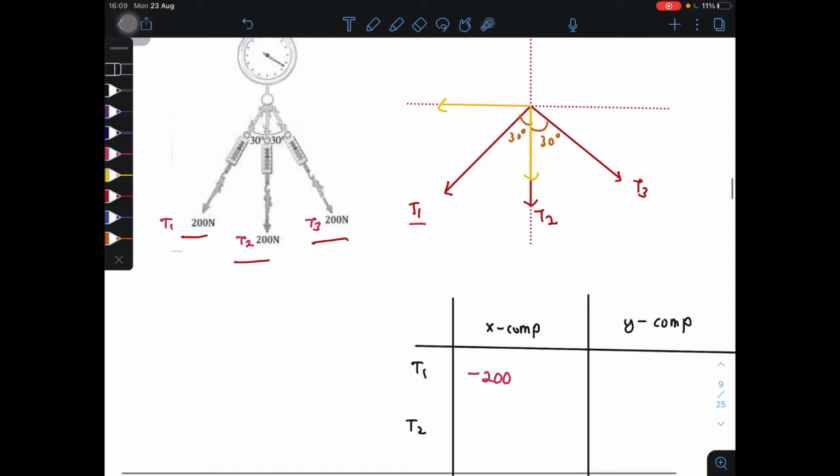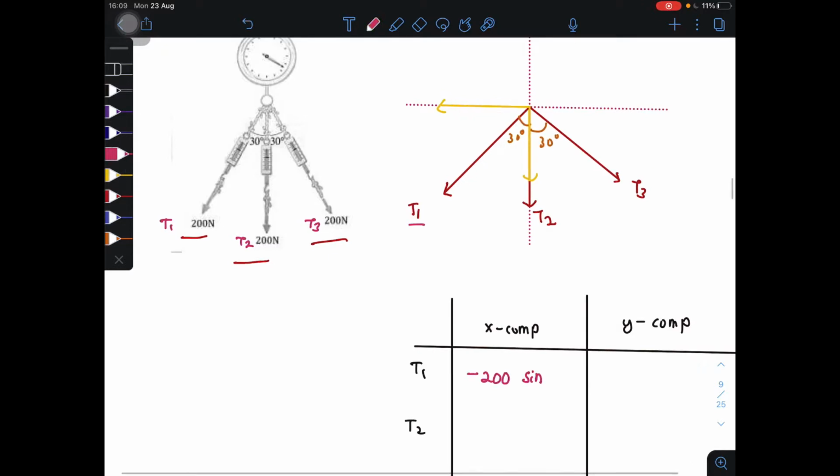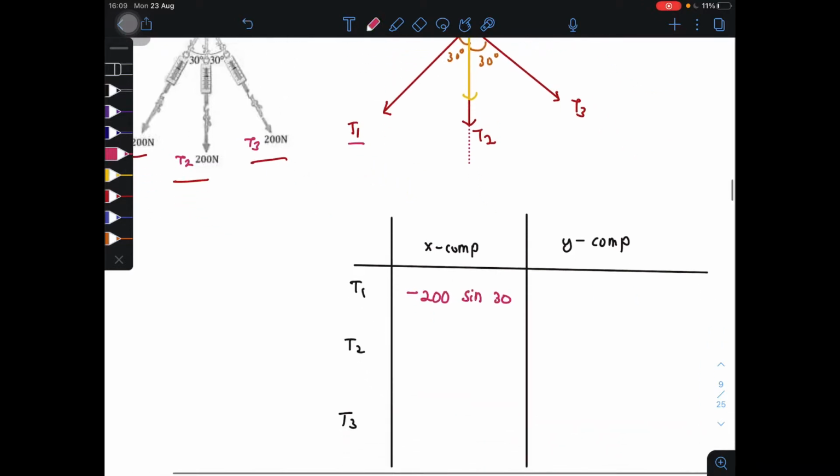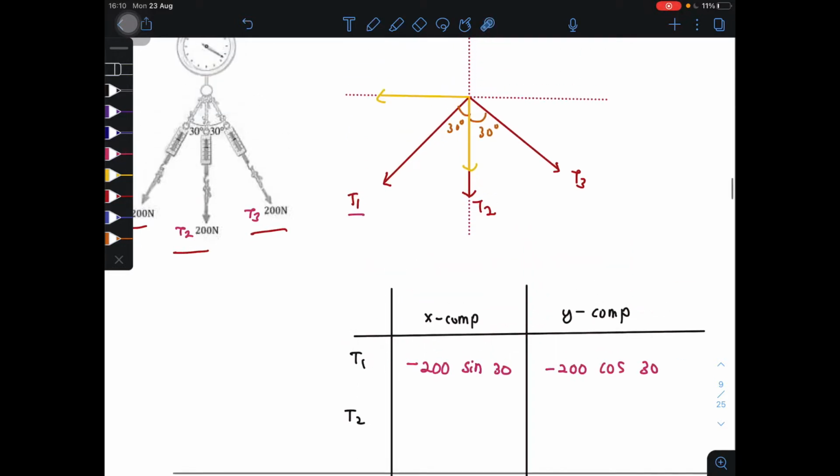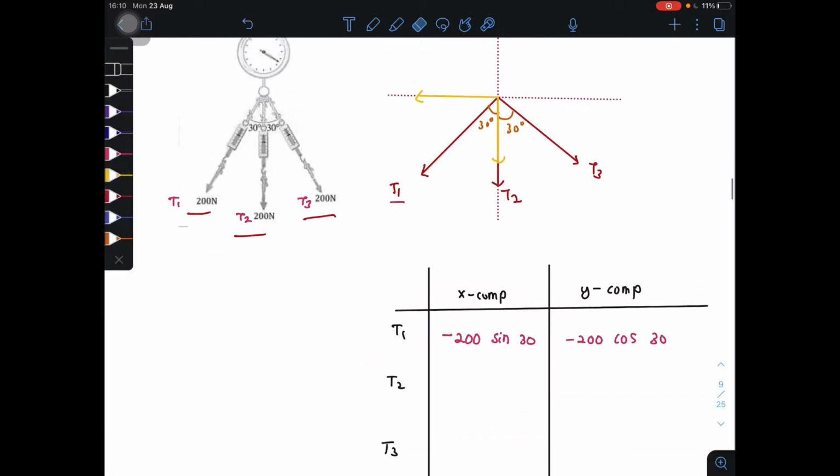And then since angle adalah di bahagian Y, so dekat X dia akan jadi sin 30. So Y component benda yang sama, cuma ubah kepada cos. Negative 200 cos 30. Okay, remember dekat mana yang ada angle tu dekat mana, dekat situlah cos. Angle dekat sini dekat Y axis kan. That's why dekat sini kita gunakan cos. And then since dia adalah ke bawah, it is negative. Okay, so that's for the first one.